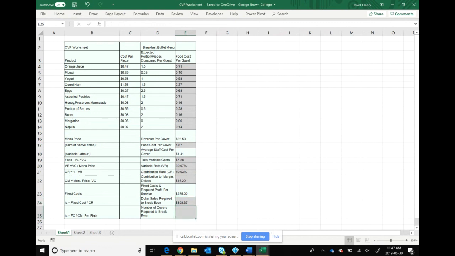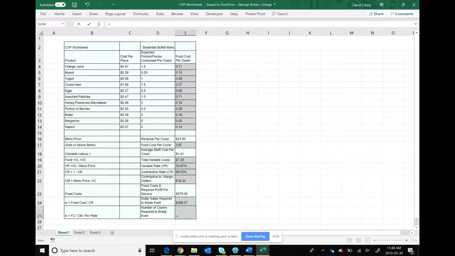Next, we want to find the number of covers required to break even. So here we calculated our dollar sales to break even. That's good to know because that's the threshold where you're making money or losing it. But the number of covers is a lot easier to conceptualize in terms of how many people I really have to serve to make this happen.